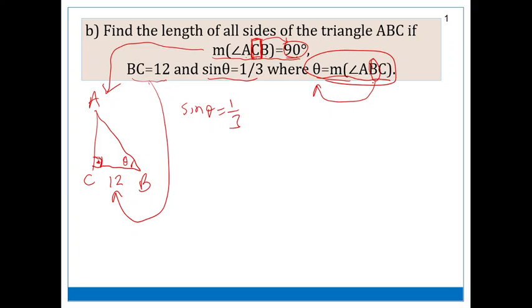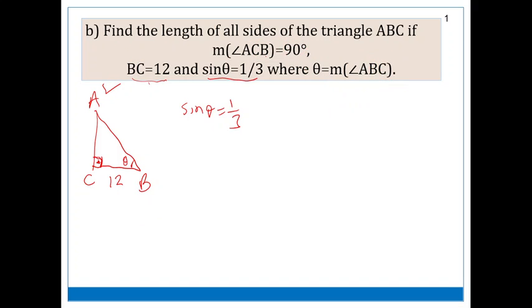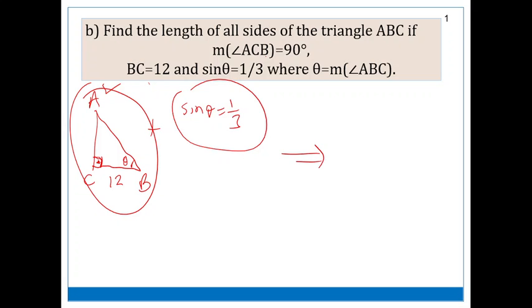Now, what is given to us? This figure is given, and sine theta equal to 1 over 3 is given. So how can we use these two pieces of information to get the sides AC and AB? And BC is already 12.